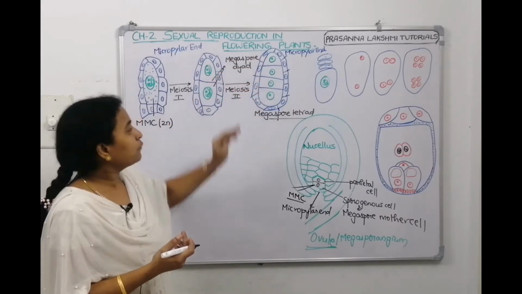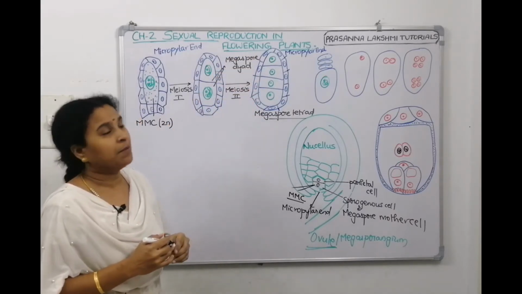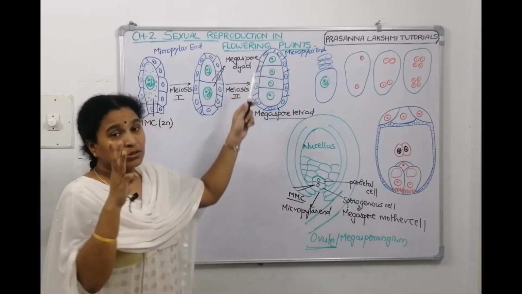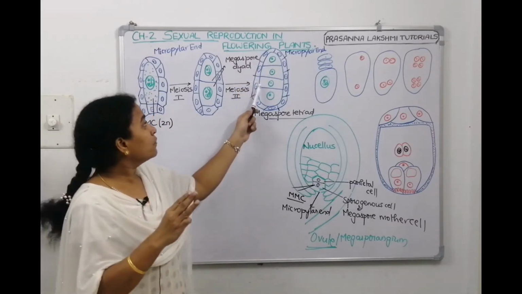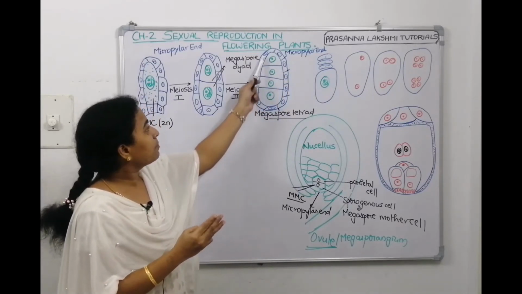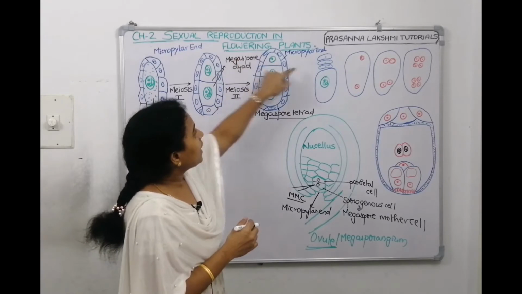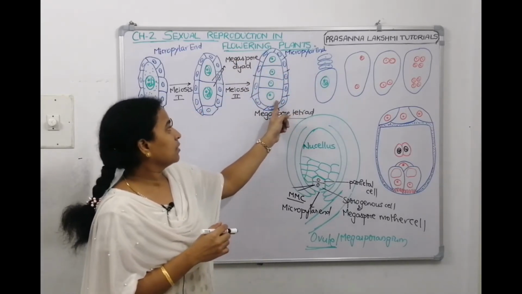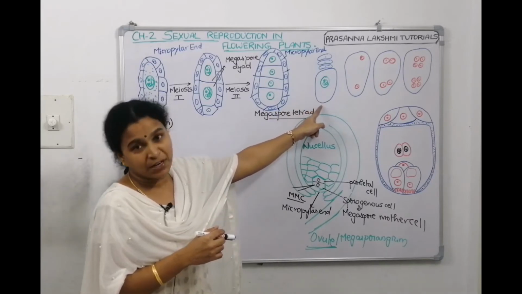Now, out of these 4 megaspores, observe carefully. The 3 megaspores which are towards the micropylar end, 1, 2, 3, degenerate. Only this one is growing, it will become functional.